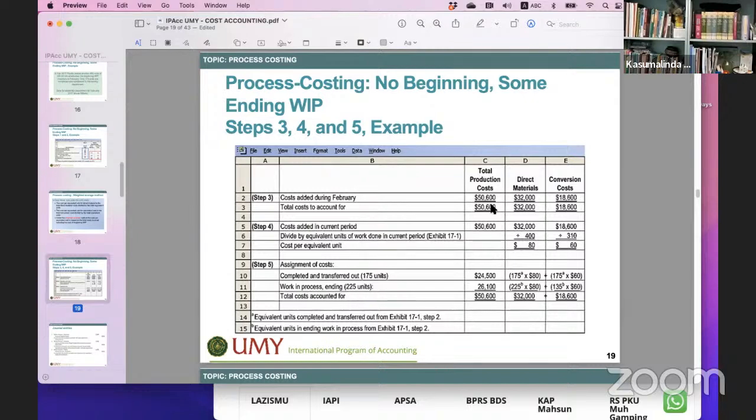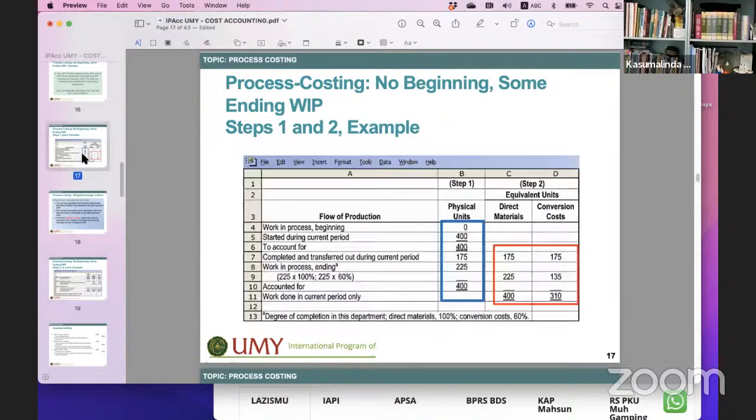Okay, so once we have the total cost to account for, direct material and conversion, the next step is to calculate the cost per equivalent unit. The total cost here, we divide by the equivalent units that we calculated in step 2. For example, direct material total cost is 32,000, and we divide by 400. The 400 comes from the equivalent units for direct material that we calculated in step 2.